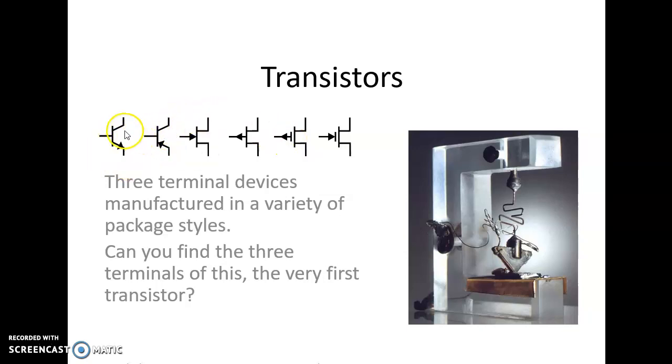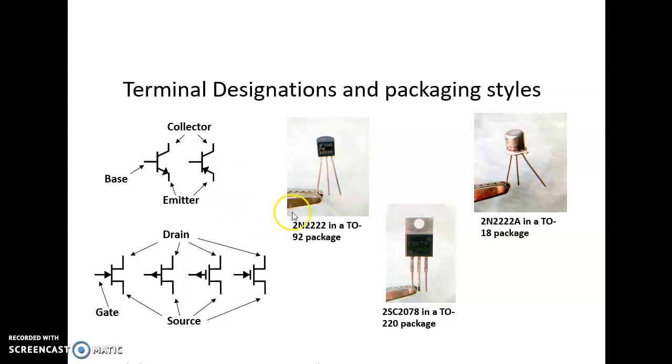This is an NPN transistor, this is a PNP transistor, this is an N channel JFET, this is a P channel JFET, and this is a MOSFET. These are the different symbols, and all are three terminal devices. Here you can see a transistor, a three terminal device. If you see it from the top, the terminals are emitter, base, and collector.